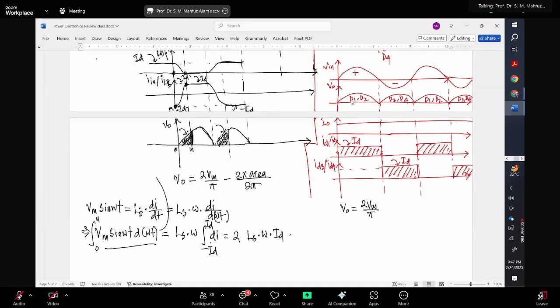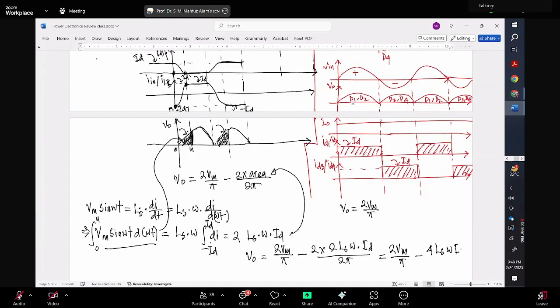So this actually represents the lost area. If I put this value here, what would be my V naught then? V naught would be twice Vm over pi minus 2 multiplied by 2 Ls omega ID over 2 pi, or we can write it as 2 Vm over pi minus 4 Ls omega ID over 2 pi.